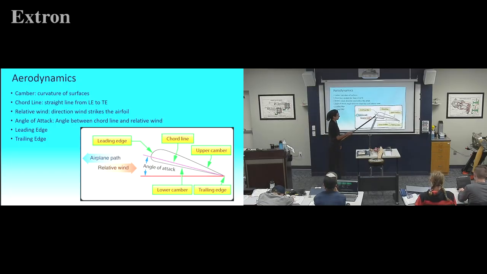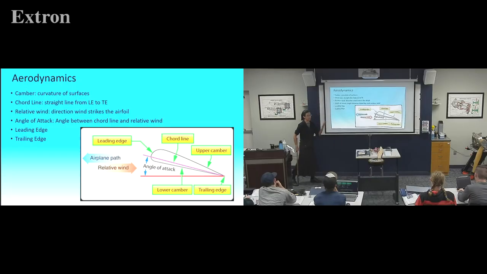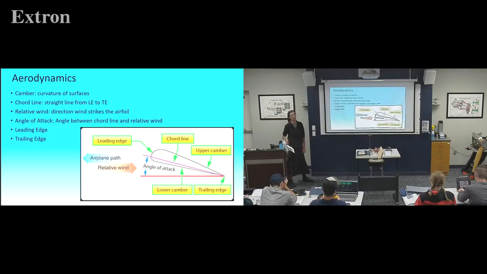Some will be more curved on the bottom, some more flat on the bottom. Generally on a wing, especially on a 172, you have more curvature on top. Wherever that curve is, the proper term is camber. So camber is the curvature of a surface.